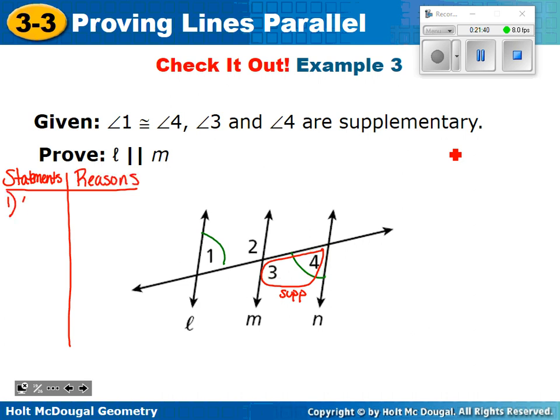Start with our first given that angle 1 is congruent to angle 4. Given. So if 1's congruent to 4, looking at those green angles, what would that tell us? 2 is congruent to 3, but it is not because 1 was congruent to 4. What does 1 being congruent to 4 tell us?